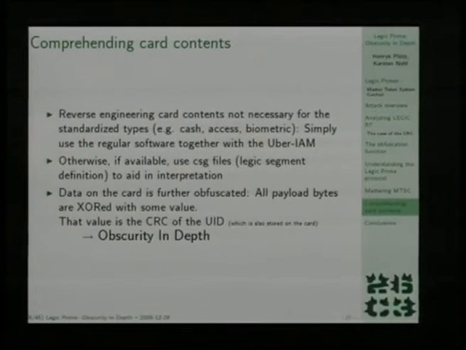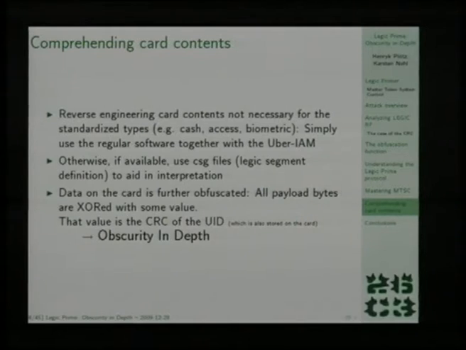Now we'll try to look into the card contents themselves, which turn out to present 1 or 2 additional what the fucks. As I said before, for some of the cards where there is Windows software available that will read the card, if you have a proper master token, you can just use the über-IAM to authorize your software to read the card, so you don't need to reverse engineer it anymore.